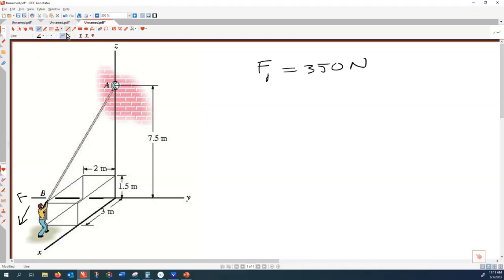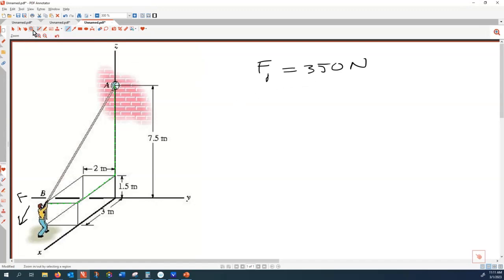How do you go from A to B? I suggest we do it this way. Go from A vertically down in the negative direction, then we travel along the positive x, and finally we travel in the negative j.